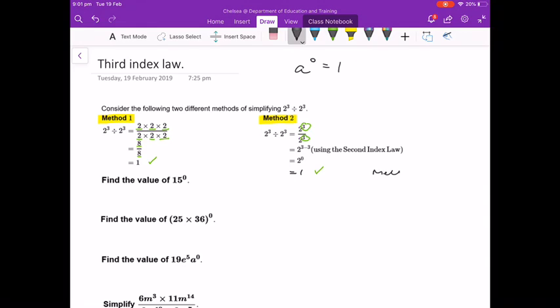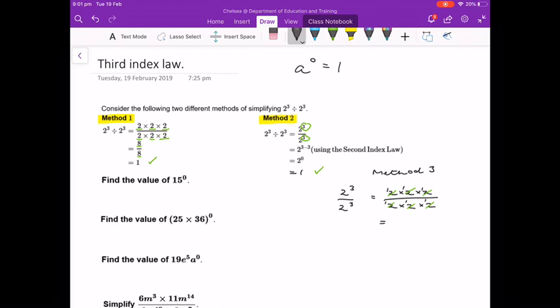Now I'm going to show you another method by looking at cancelling, which also demonstrates this question. Now if you had 2 to the power of 3 over 2 to the power of 3, we know that it looks like this from method 1. And as I showed you in previous videos, if you cancel out the same amount on the top and bottom, they will all equal 1 because they are all the same thing.